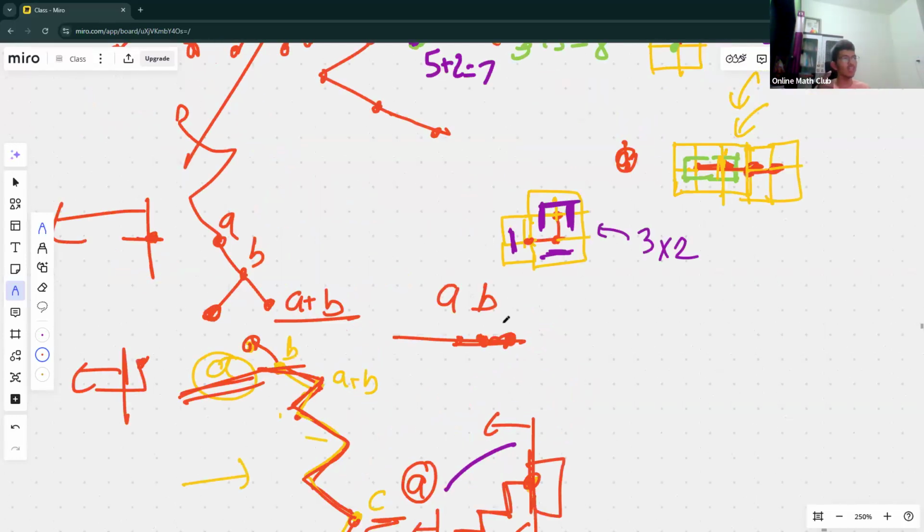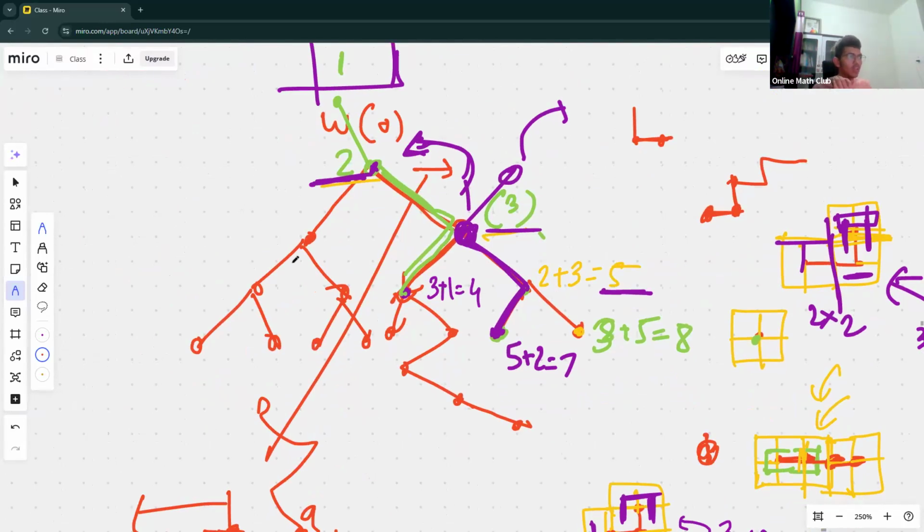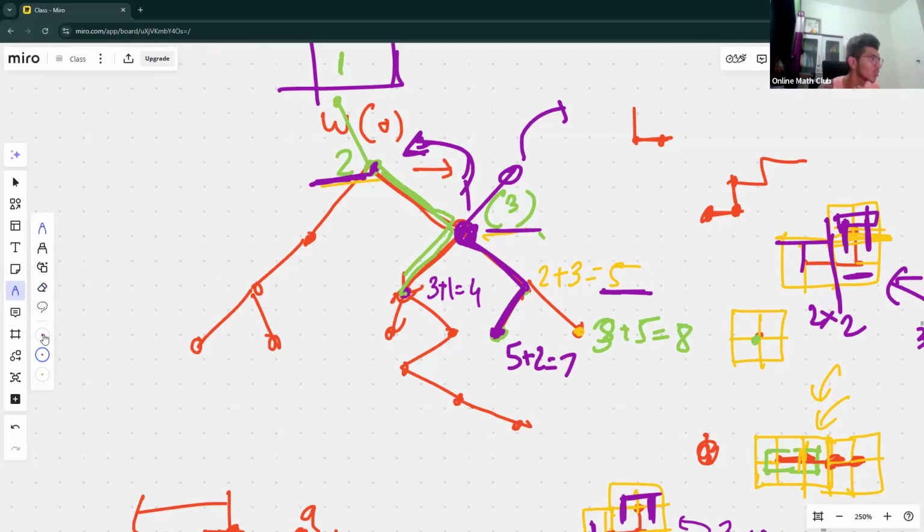So now you can see, we just have to calculate this tree. Can you guys help me to calculate more? What can be this number? This is 4 and this number is 3, right?